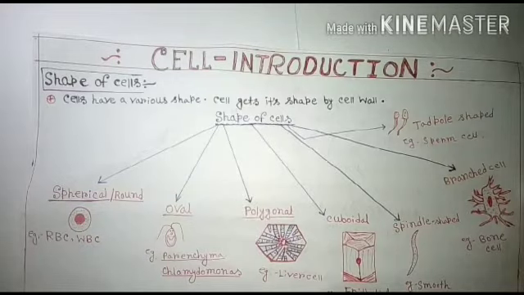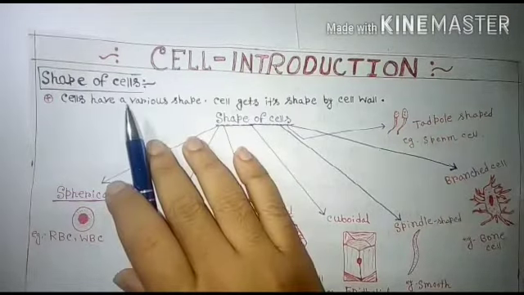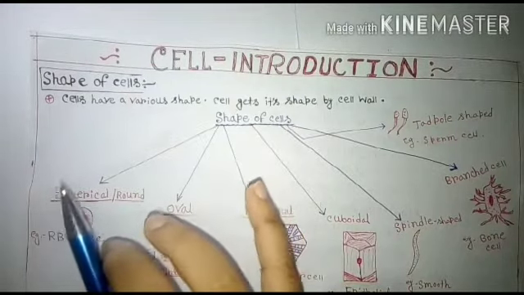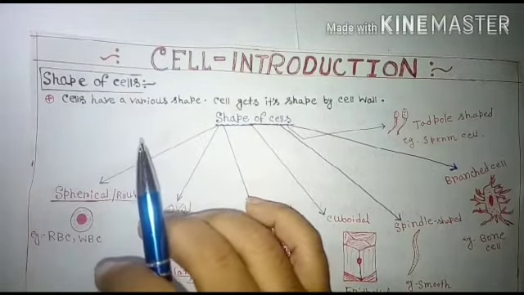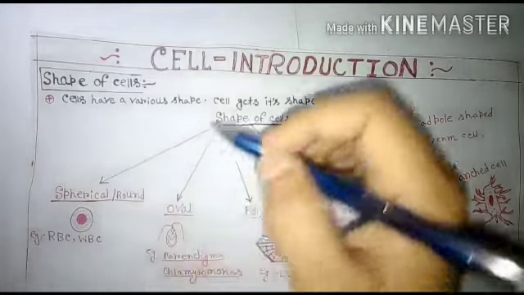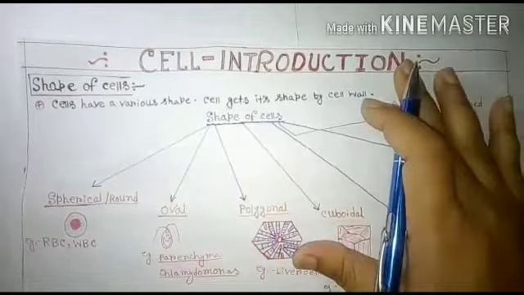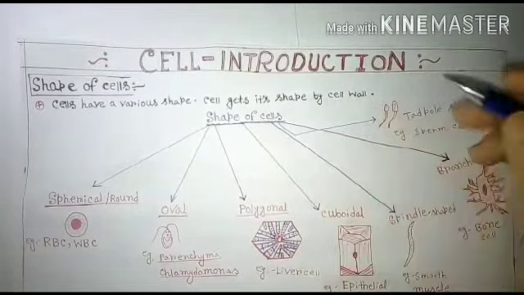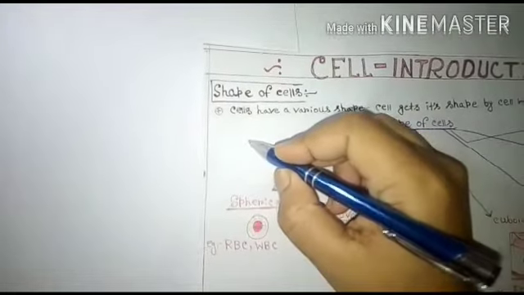Now I am going to discuss the shape of the cell. Cells have various shapes, and this shape is given by the cell wall, but there are also some cells which have no specific shape, like amoeba. The amoeba has an irregular shape.